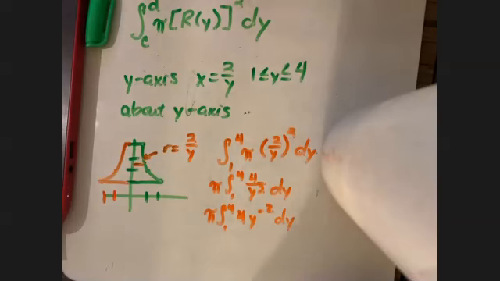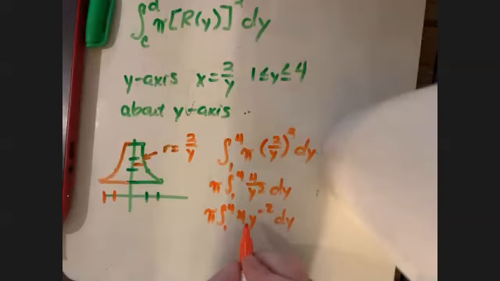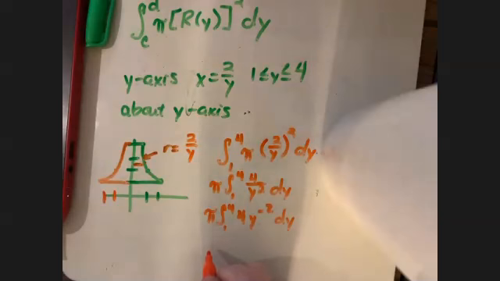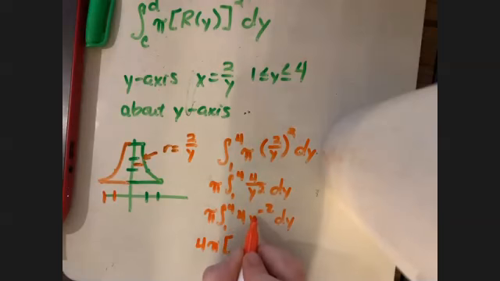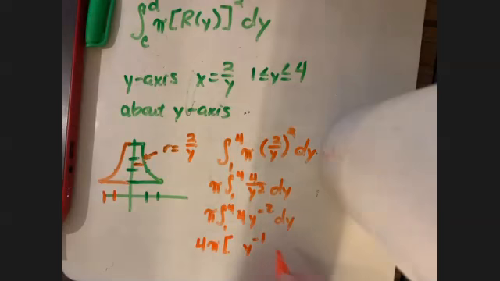We are going to have 4 pi, I'm going to bring the 4 out. Guys, y to the -2 is going to go to -1 power, and then I need to pick up a negative because it was positive, evaluated from 1 to 4.